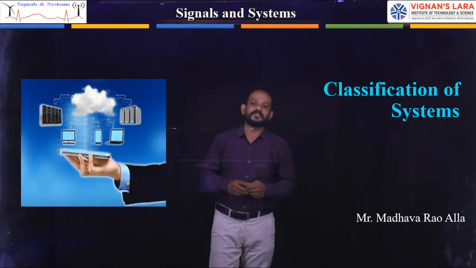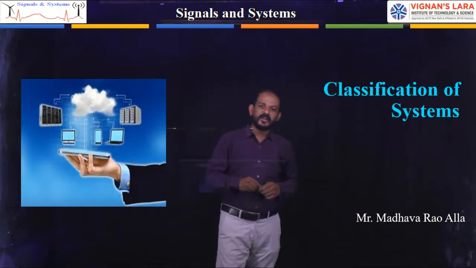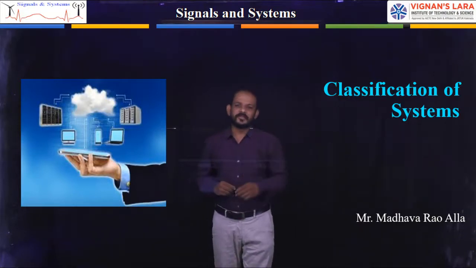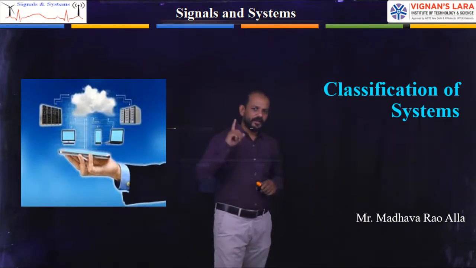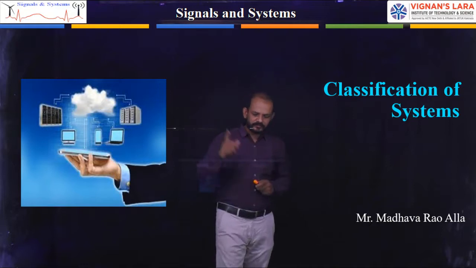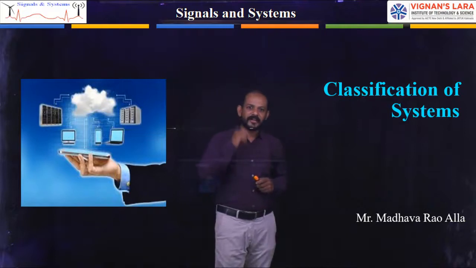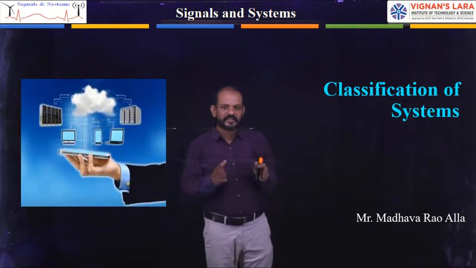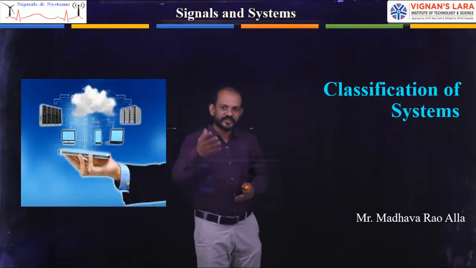The remaining classifications are static and dynamic, causal and non-causal, stable and unstable, invertible and non-invertible. So we are left with four types of classifications, and I will explain these four with the help of this glass board.